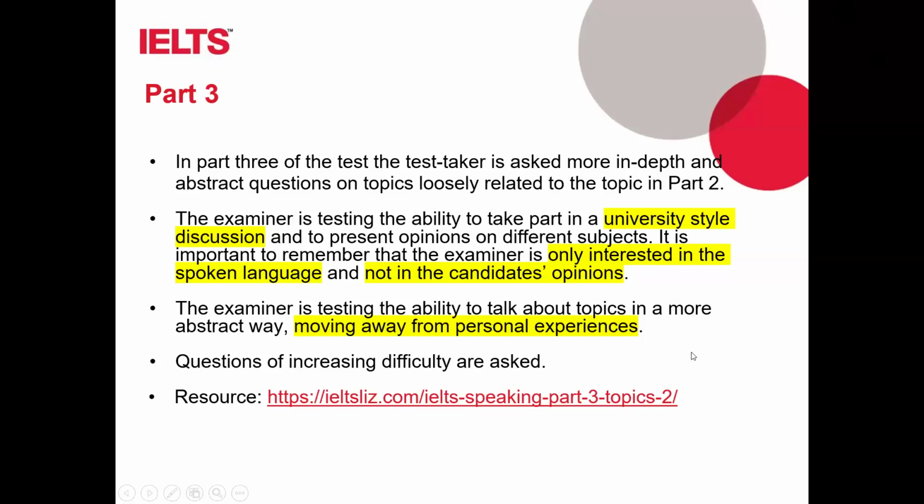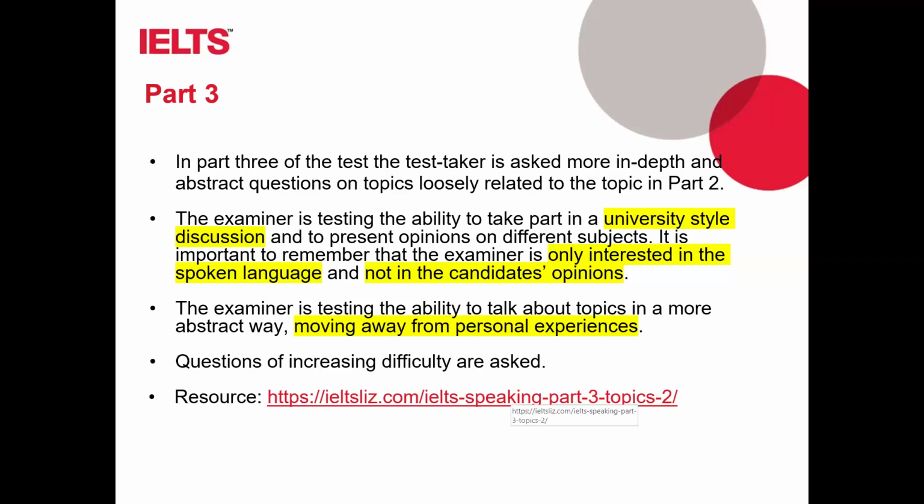Like if the examiner has asked us about a museum or artwork in part 2, then in part 3 he will ask, do you prefer art in your country, or what is the scenario of art in your country, like that.